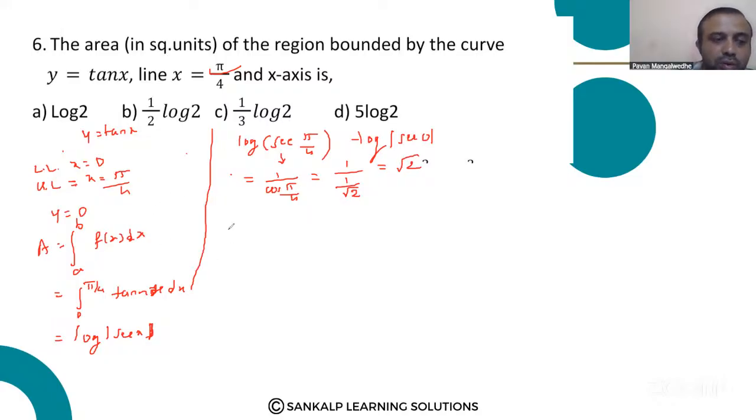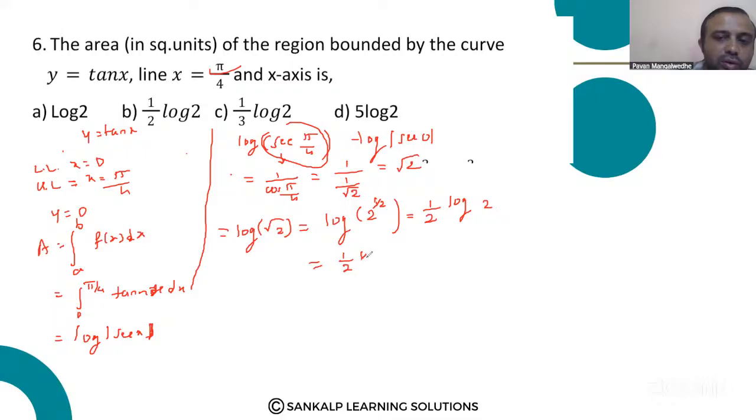So now log of root 2 is equals to log of 2 raised to half. Applying the logarithmic operation, it is half into log 2. So half log 2 minus 0, upper limit minus lower limit, that is half into log 2.